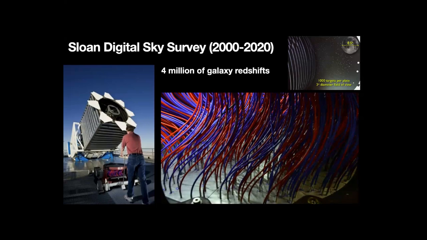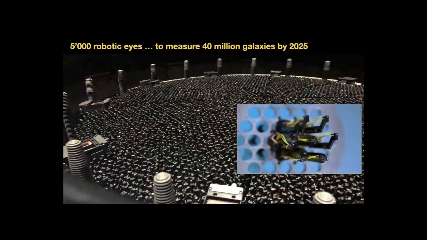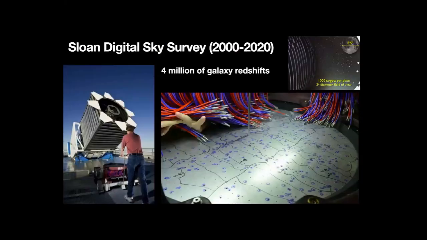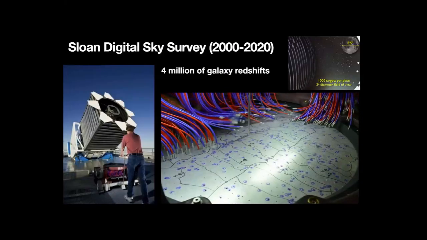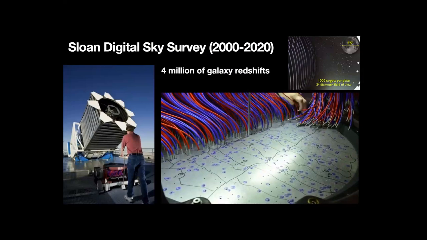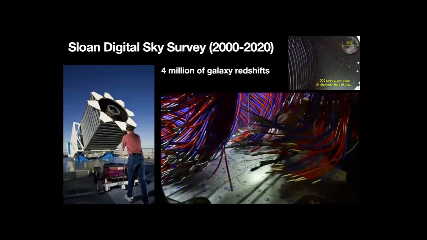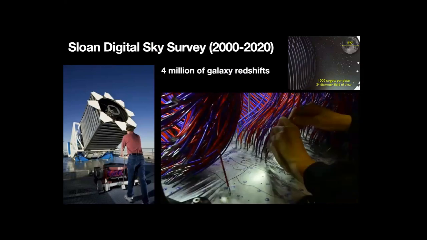The technology they were using was a fiber system, where people by hand were putting optical fibers into plates, where the position of each hole was the position of one galaxy in a particular direction of the sky.